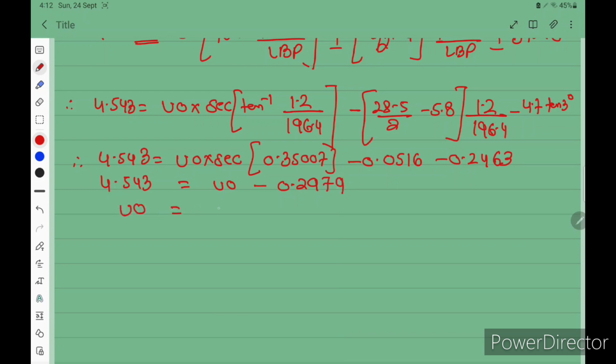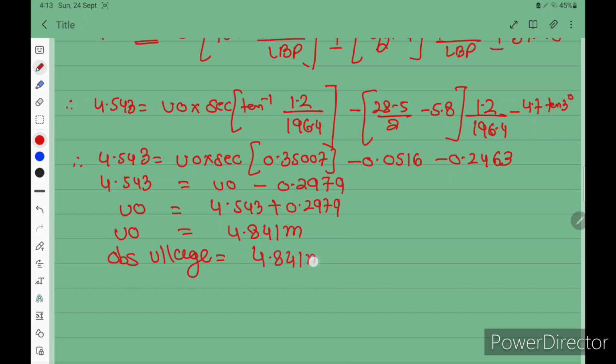So UO, 4.543, this will go other side, so it will become plus 0.2979. So UO is equal to 4.841 meters. So observed ullage was 4.841 meter. So this is your answer.